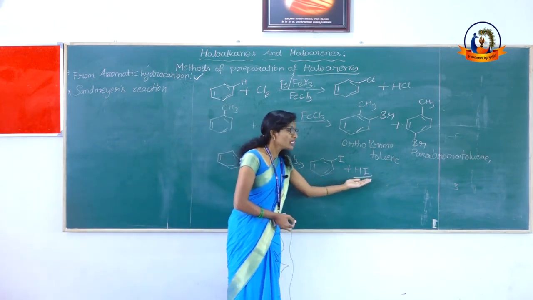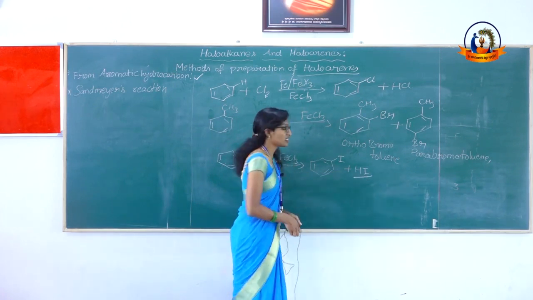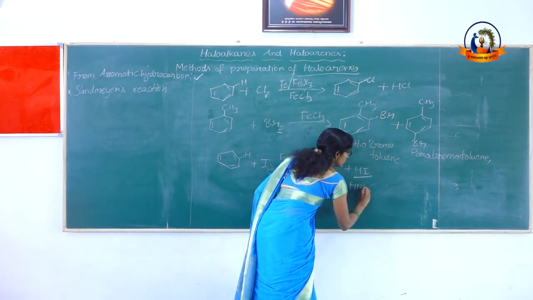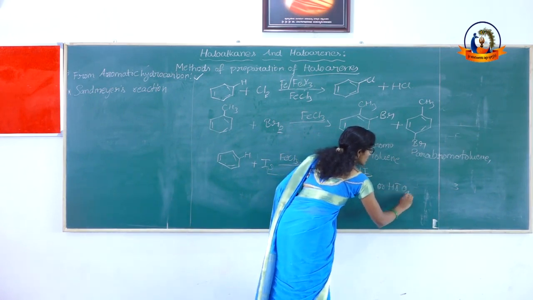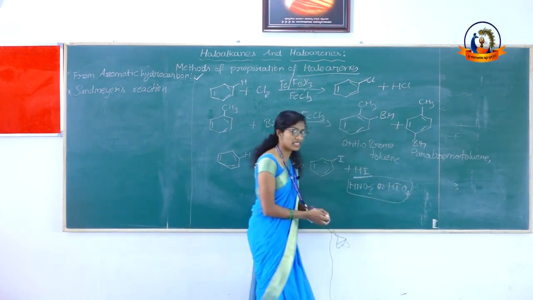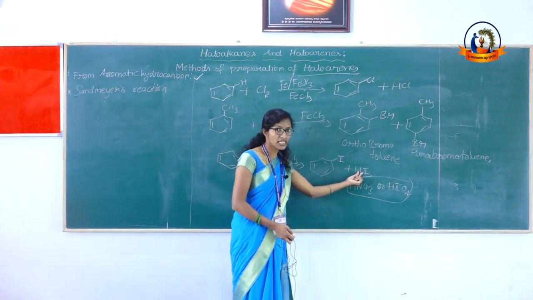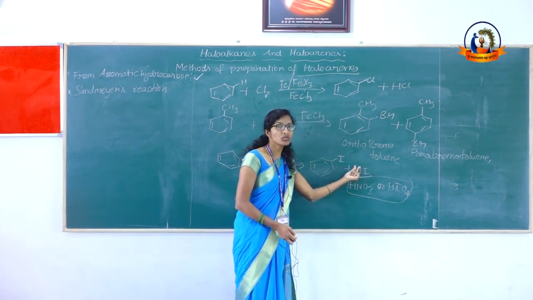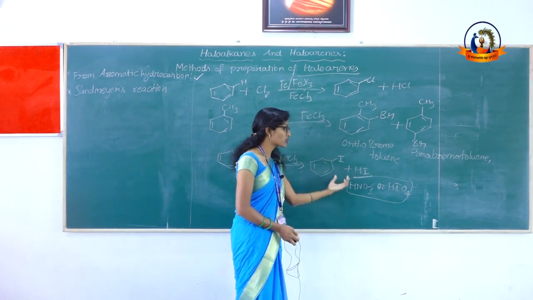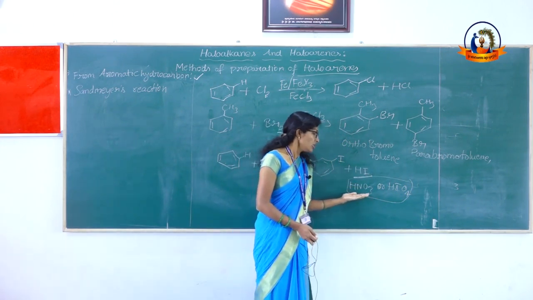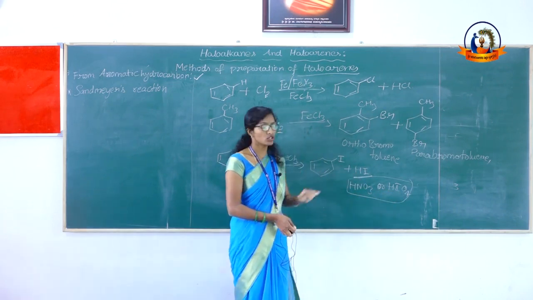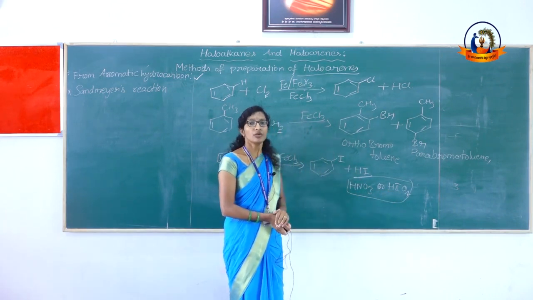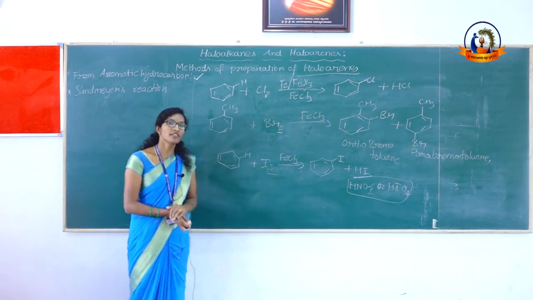That's why we need to add the oxidizing agent, that one HNO3 or HIO4. These are the oxidizing agents. HI acts as reducing agent. So we need to remove this HI in this reaction. So we need to add HNO3 or HIO4 to remove the HI to stop the reversible process in the iodination reaction.